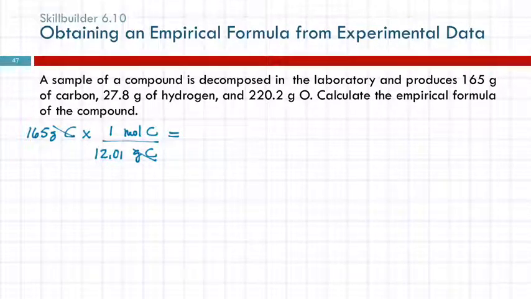So I take 165 divided by 12.01. I should have 3 sig figs in this, and so I want to make sure I carry along extras. So that many moles of carbon.